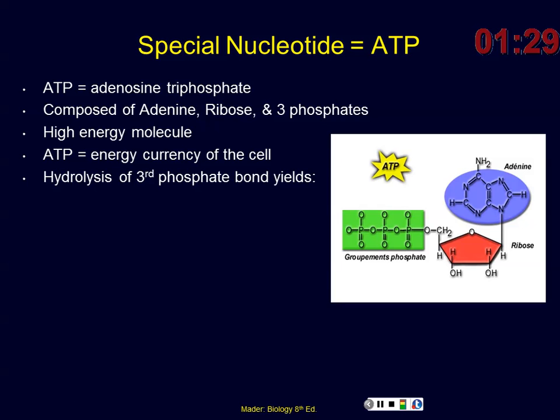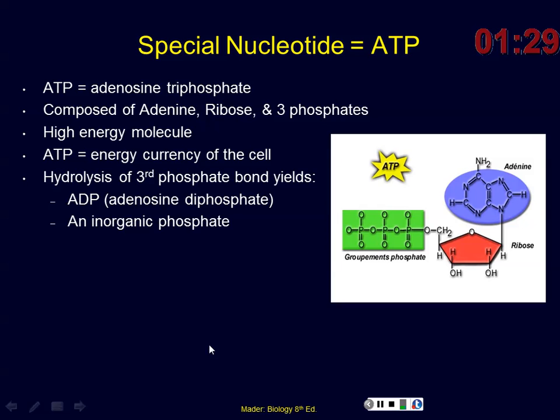We would have ADP, adenosine diphosphate. We only have 2 of them. And we would have energy released, right? So we have ADP, a phosphate, and energy. That energy is where your cells get all the energy to do their work. Very important reaction.